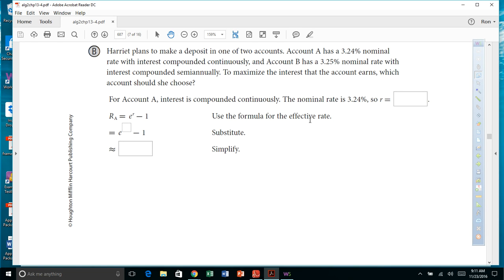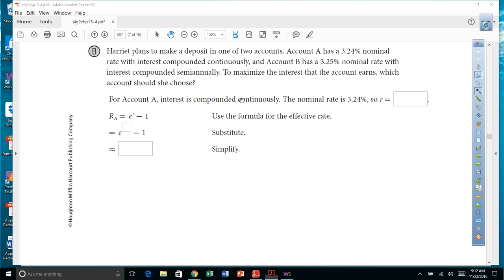It looks like B is better, doesn't it? Because it's 3.25, where the other was 3.24. But if you notice, A is compounded continuously, but B is compounded semi-annually. To maximize the interest that the account earns, which account should she choose?